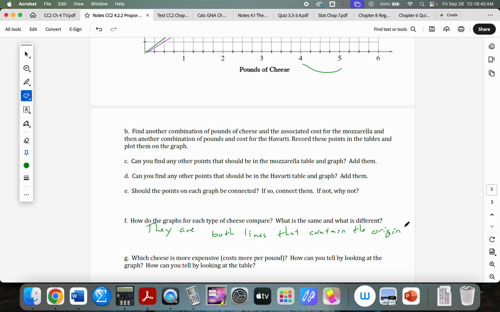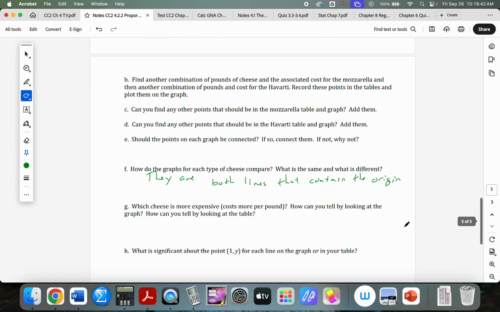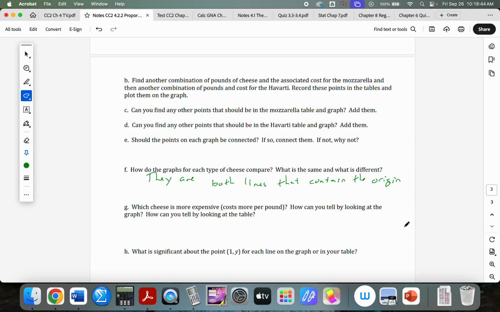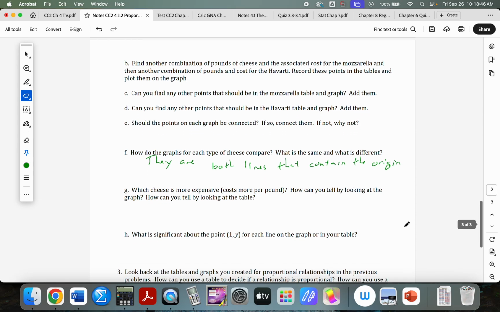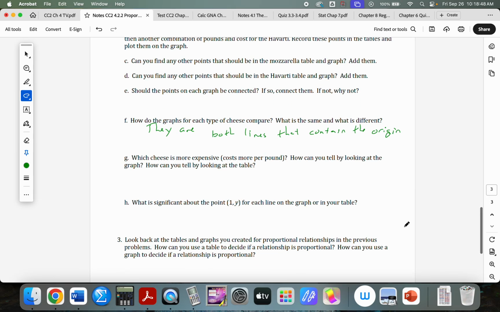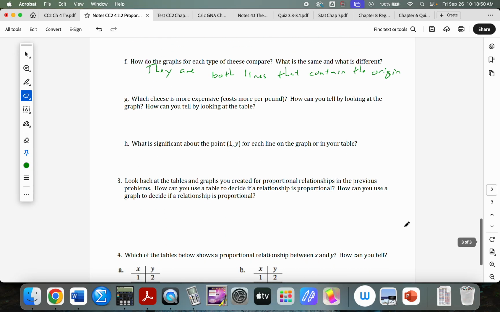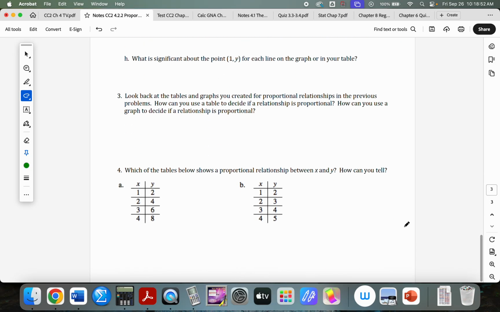And as Sam pointed out, you can tell which one is more expensive by looking at which one is steeper. And we've already talked about the unit rate.